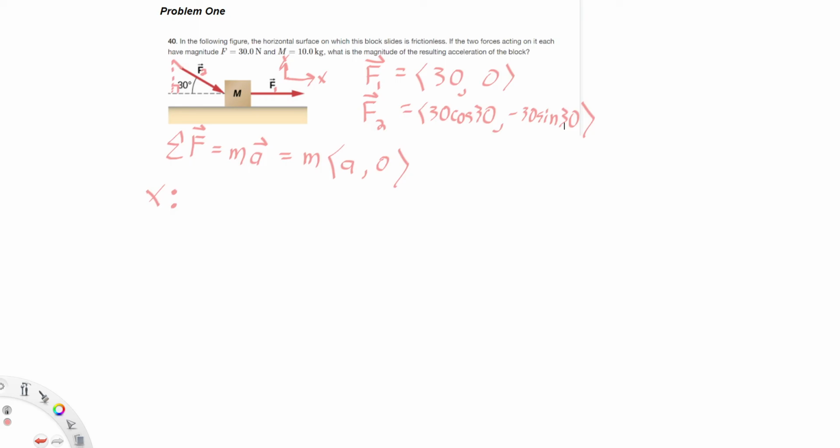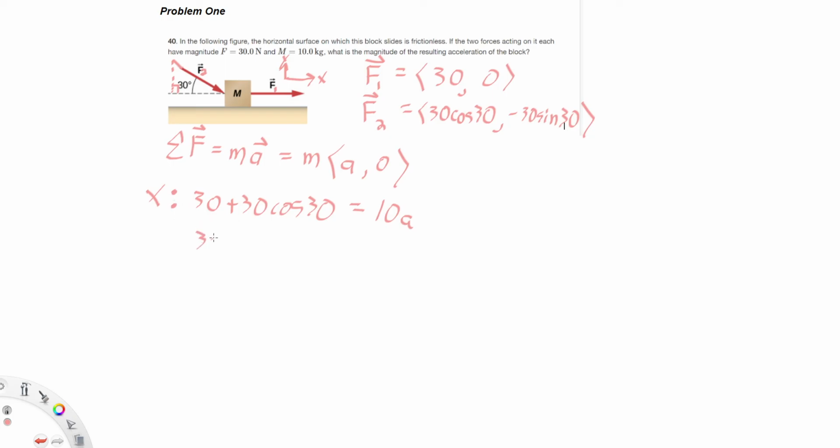Here we're going to add up the forces in the x direction, which is 30 plus 30 cosine 30, that equals 10a, where 10 is the mass here. Most of these things are just numbers at this point. So cosine of 30 is square root of 3 over 2.